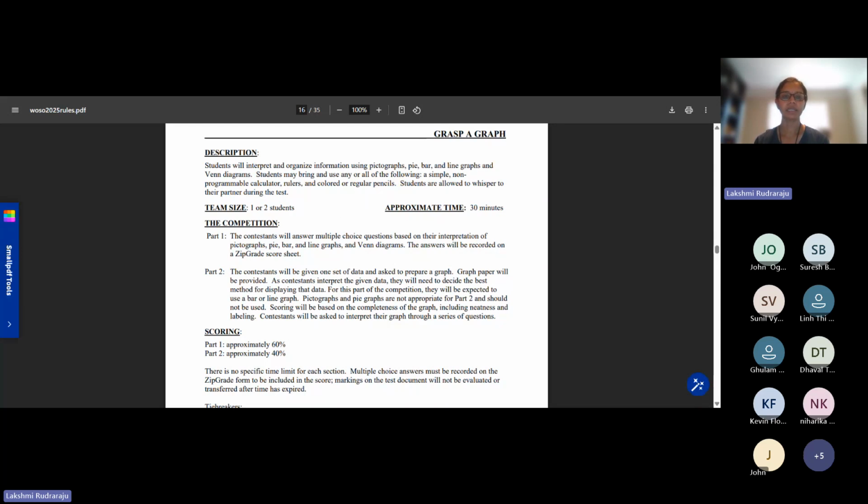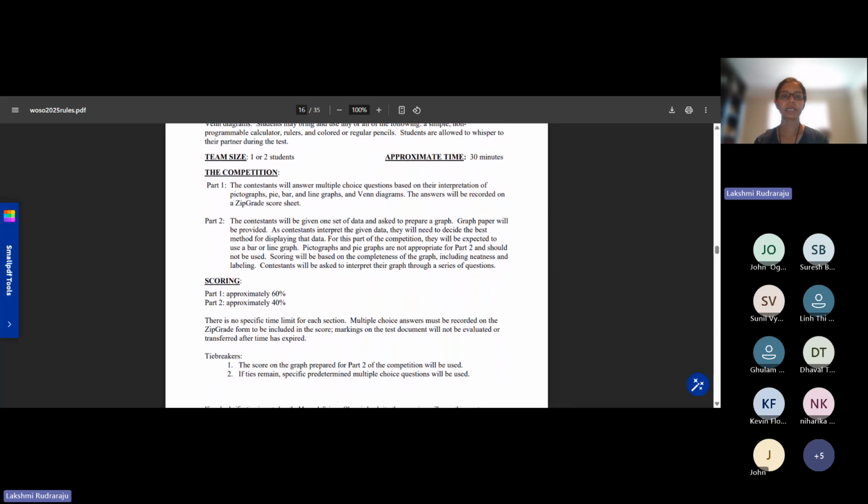The test consists of 2 different sections, part 1 and part 2. Within part 1, the students are given a series of graphs and multiple choice questions on each graph. They have to interpret the graph and then answer the questions. To answer the questions, they will be provided a ZipGrade score sheet, which they use to fill in the correct answer for the correct question.